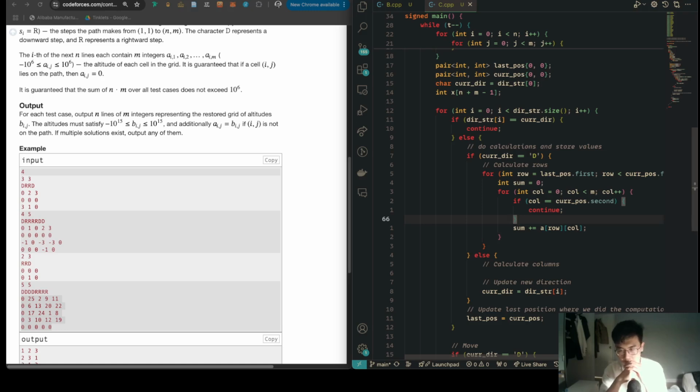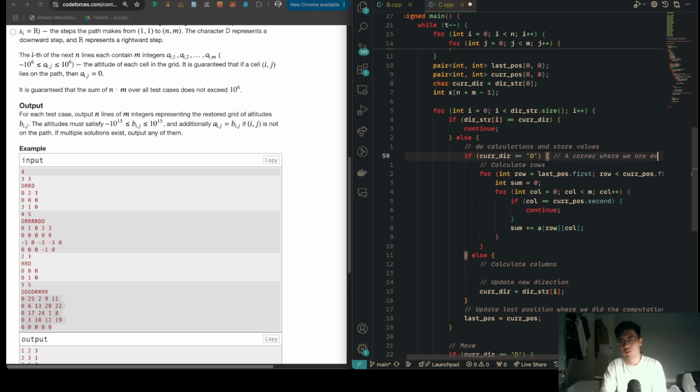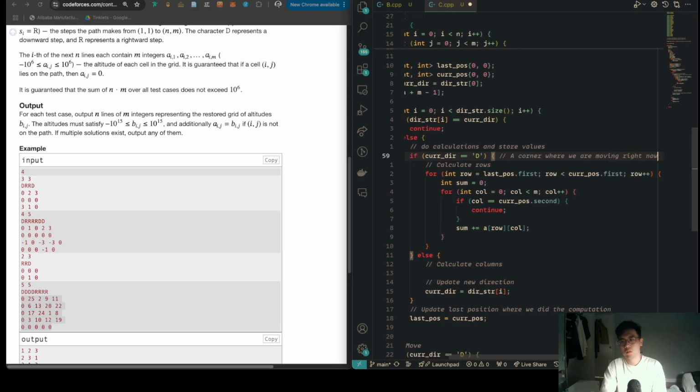So we're going to go from each row, calculate the sum, and then the sum is equal to 0.